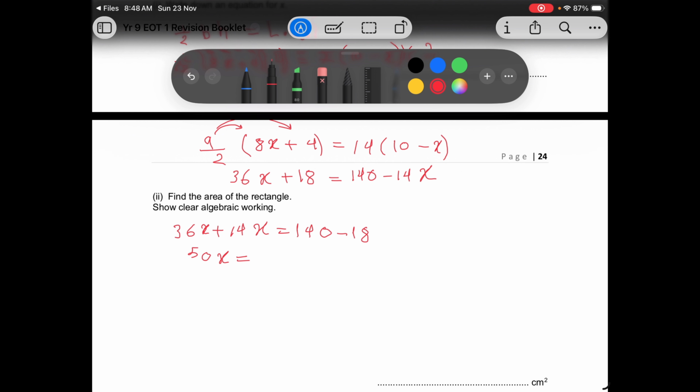Okay, guys, so this will be 122, 140 minus 18. Then I can simply divide both sides by 50, and if I do divide by 50, then we end up with the value of x, which is 2.44.